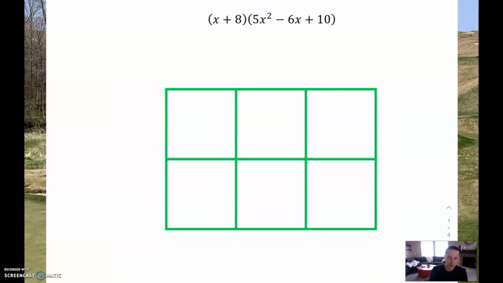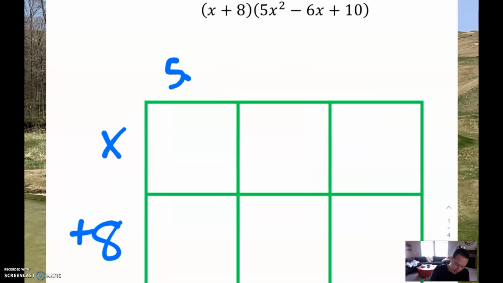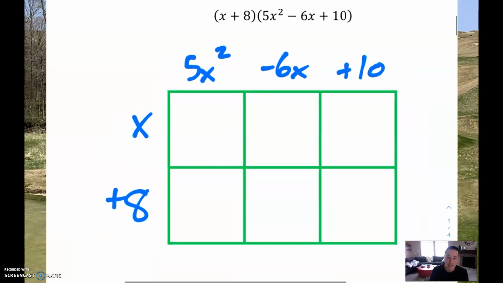So we've got 2 boxes going down, and we're just going to put the x plus 8 going along the side. And across the top, we're going to put that trinomial. We're going to put 5x squared minus 6x and plus 10. So just take the binomial and trinomial, transfer them to the sides of the boxes.